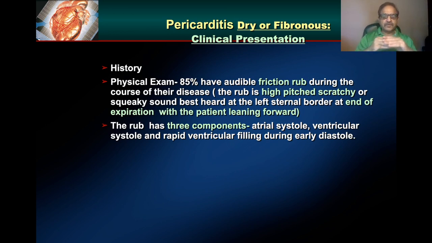It's a scratchy sound and it has three components: systolic, diastolic, and late diastolic. We call it uniphasic pericardial rub, biphasic pericardial rub, or triphasic, depending upon which component of the pericardial rub is audible.